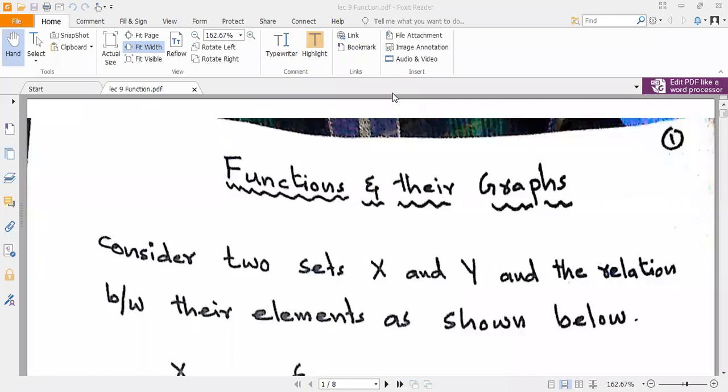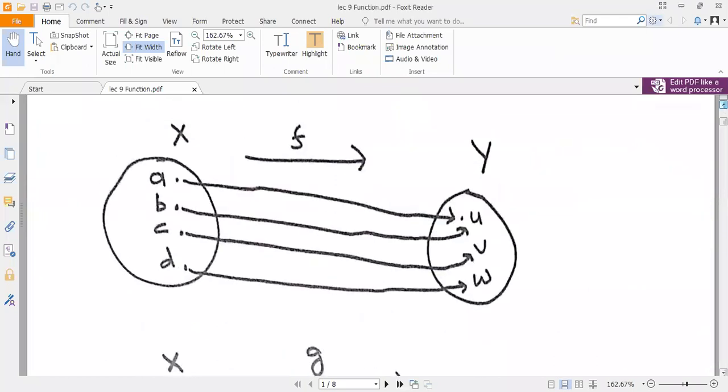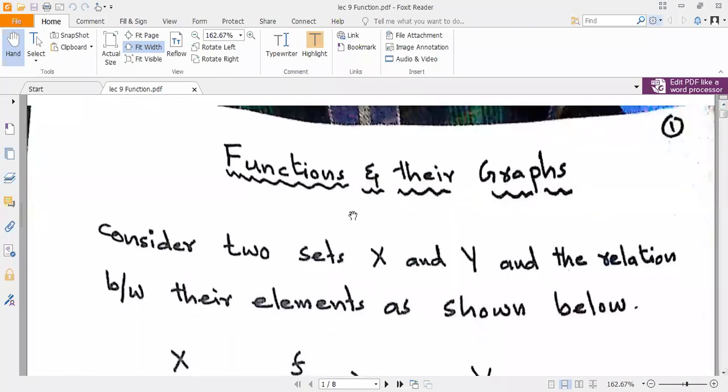Then every element of the Cartesian product is a relation between two sets A and B. Means relation from A to B. Now consider two sets X and Y, and the relation between their elements is shown below.